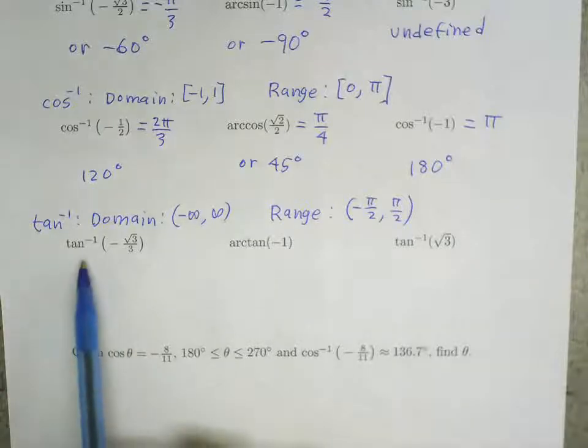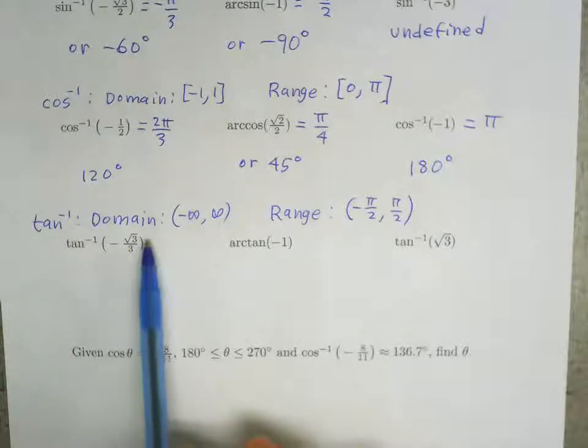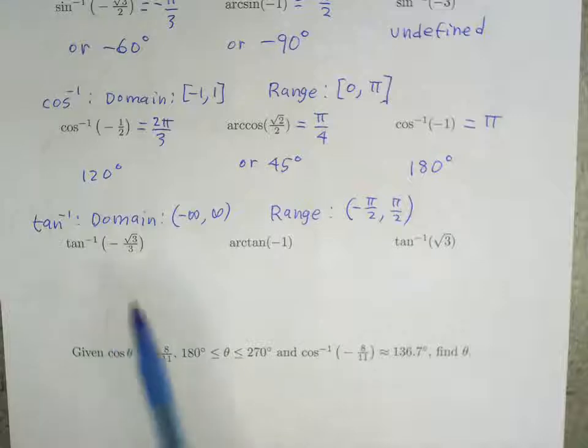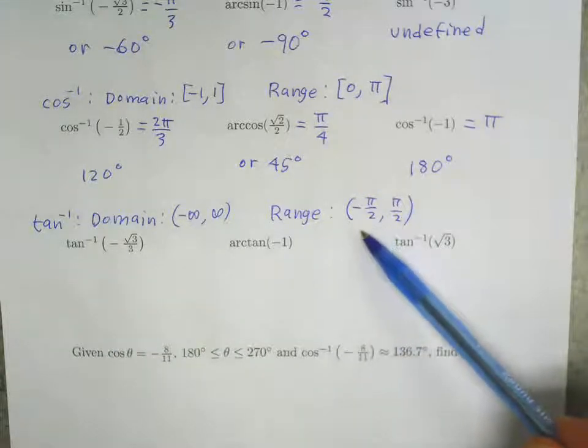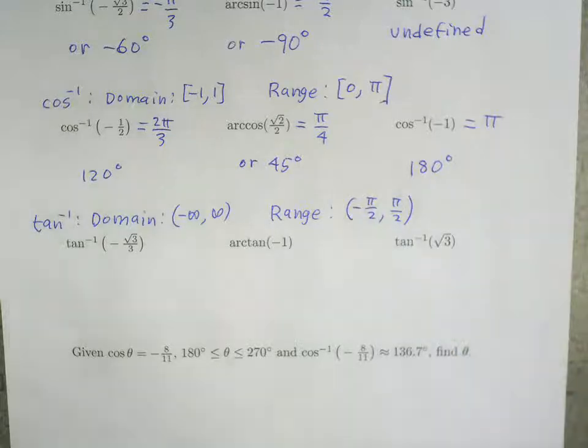Okay, so the inverse tangent of negative square root of 3 over 3 has to be an angle between negative pi over 2 and 0, because tangent is negative between negative pi over 2 and 0.